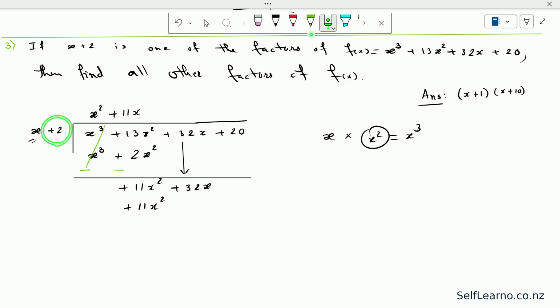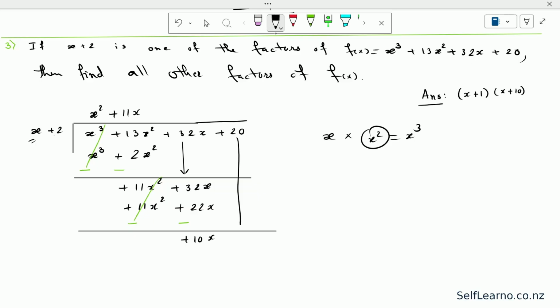Now this 2 times 11x is 22x. Change the sign. Plus becomes minus. They are cancelled. 32 minus 22 is plus 10x.